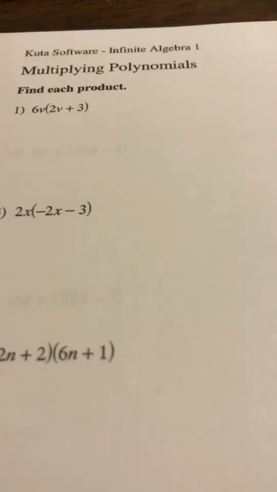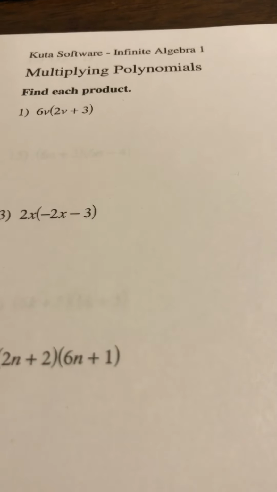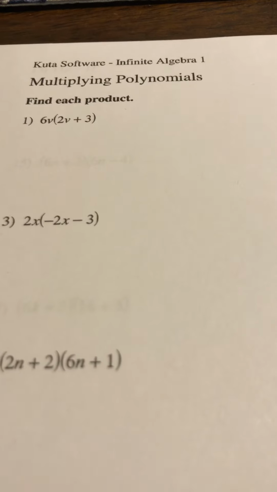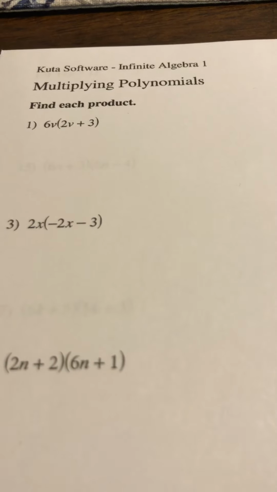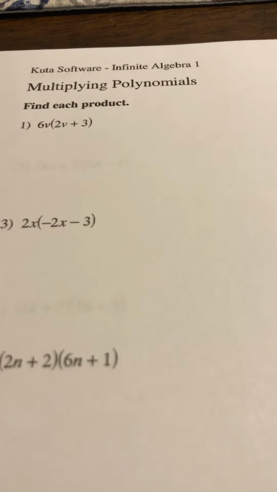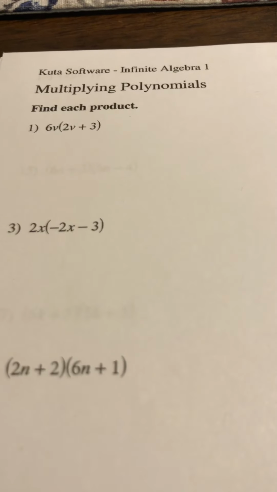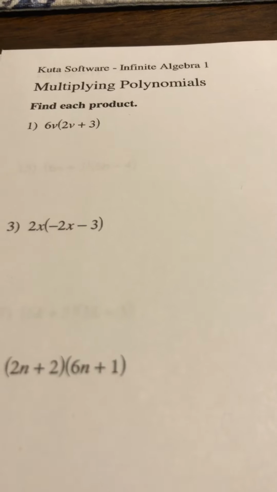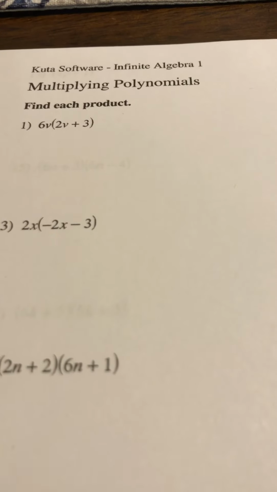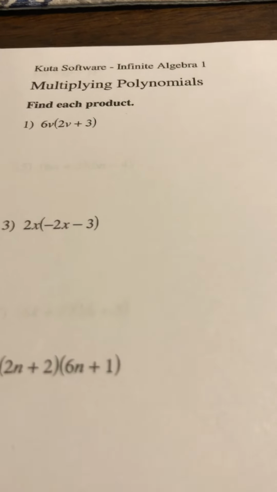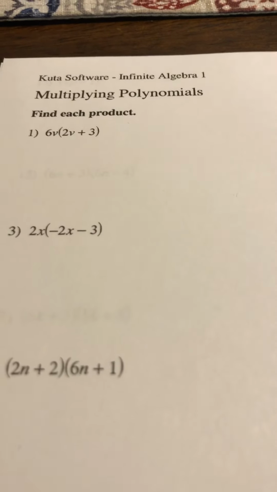You need to make sure you're distributing to everything in the parentheses. You have to give that 6v, or whatever's outside the parentheses, to every single thing in the parentheses. Then you also need to make sure you are multiplying your exponents with your variables correctly, and pay attention to signs. You need to make sure that you're using your integer rules.